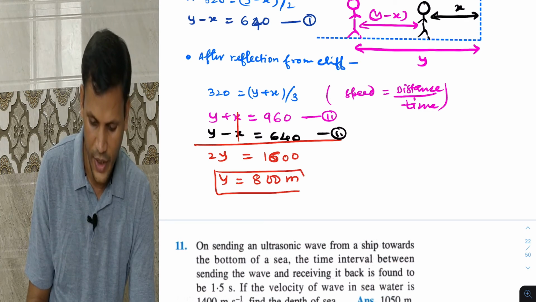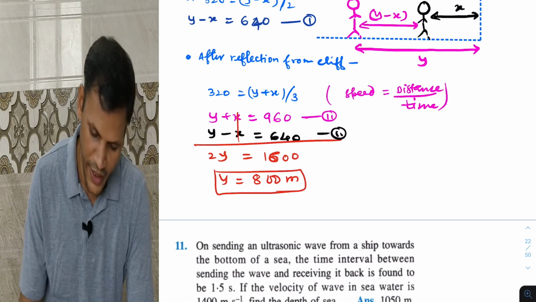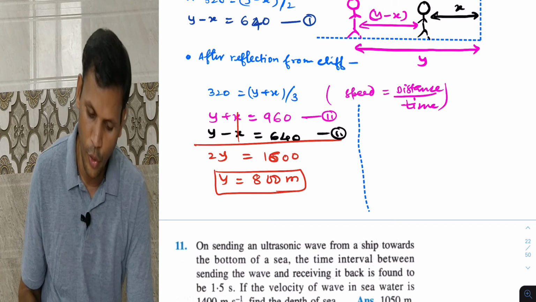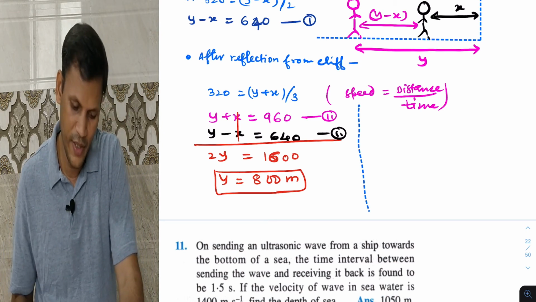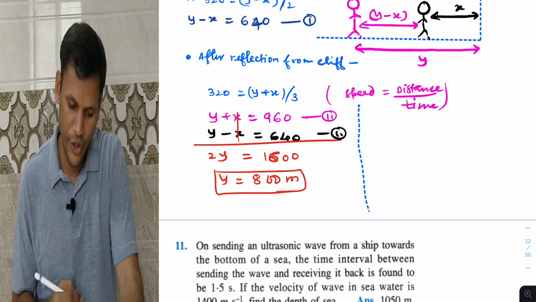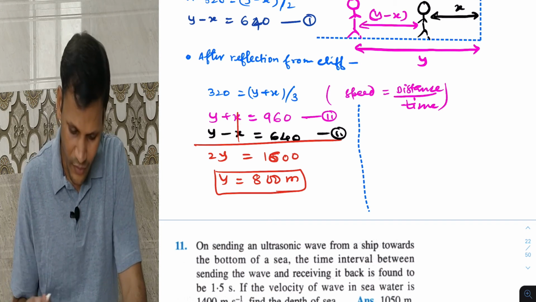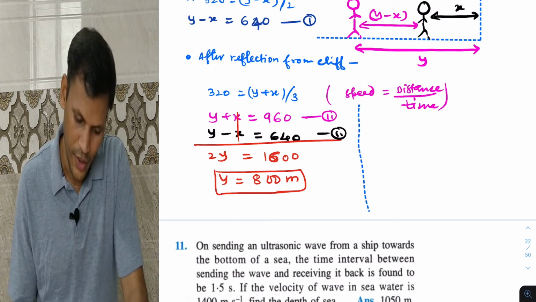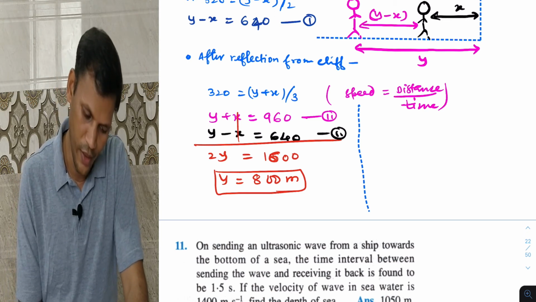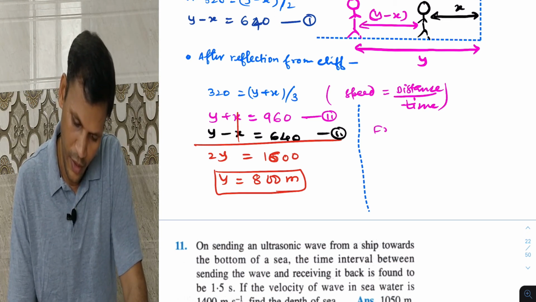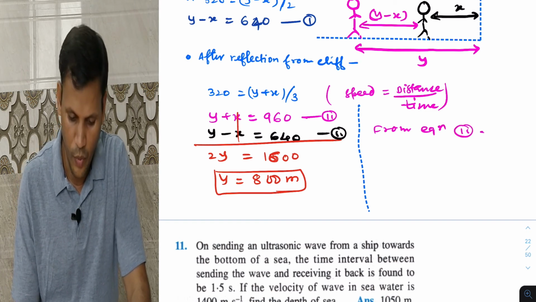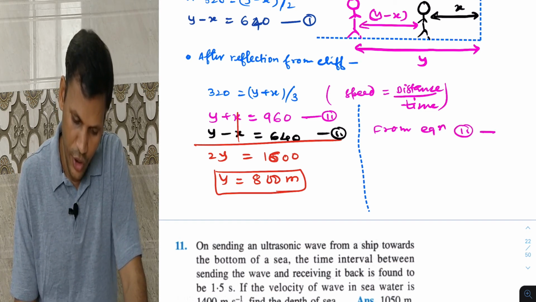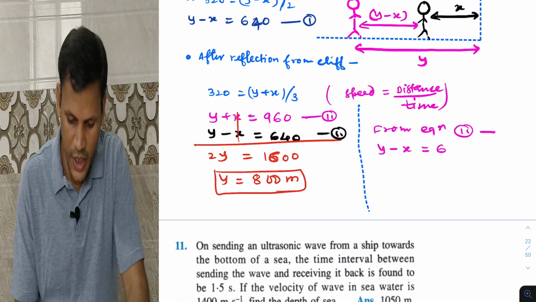One answer we get. Another answer, how we can get, putting the value of y in equation 1 or 2. Any equation we can use. So from equation 1 I will do, that is y minus x is equals to 640.